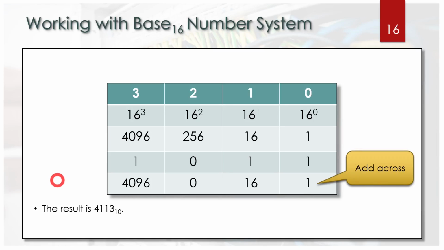Then all we have to do is add across, and we get the resultant 4113 base 10. So therefore, 1011 base 16, or hexadecimal, is going to be 4113 in decimal.